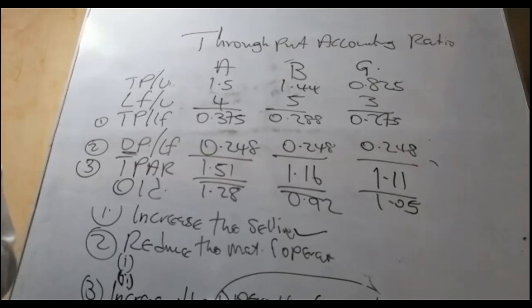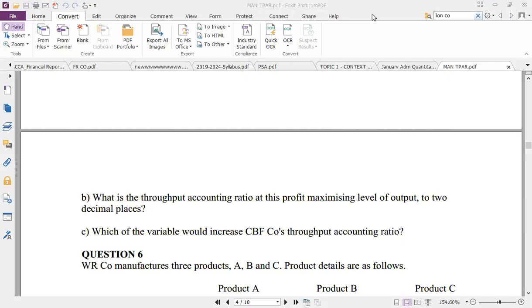Increase operating capacity. That's great. The packaging machine was modified. So I've received increase in operating capacity, packaging machine modified, and increase in selling price.